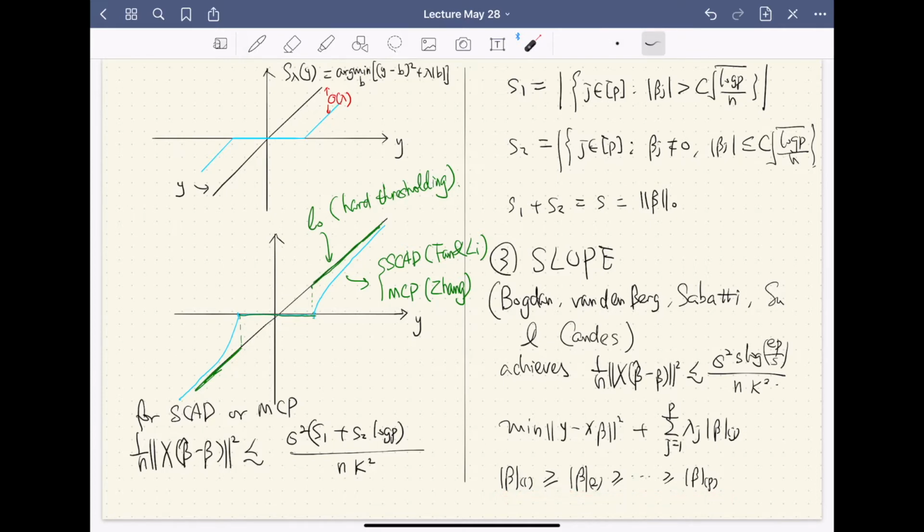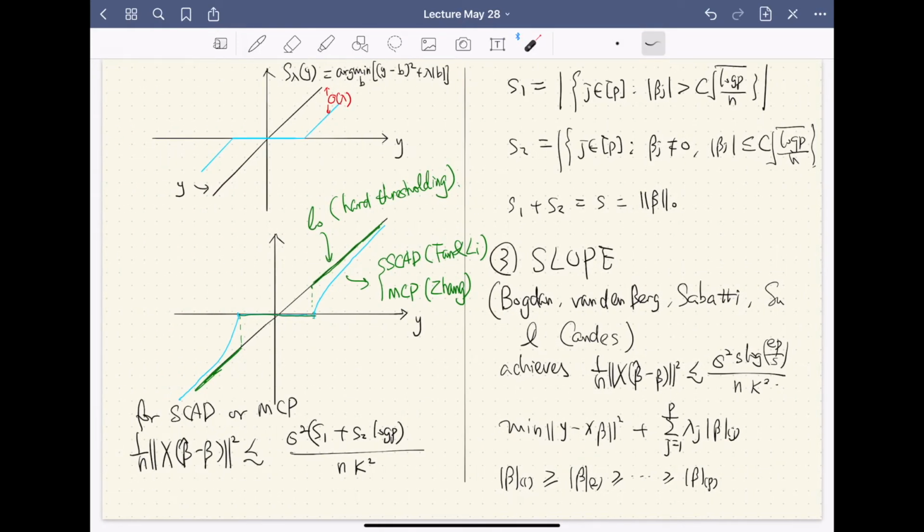The reason this works is because this type of penalty has an intrinsic link to false discovery rate control in multiple hypothesis tests. Such a link was previously discovered by a very famous paper by Abramovich, Benjamini, Donoho, and Johnstone, and somehow they formalized SLOPE so that they can apply the same idea to the regression problem.